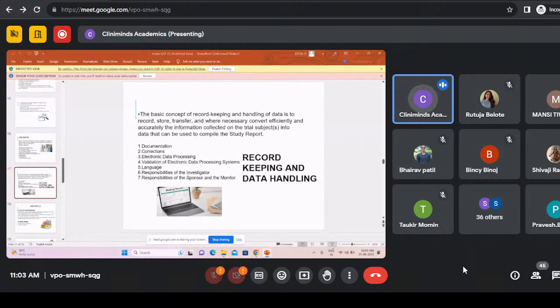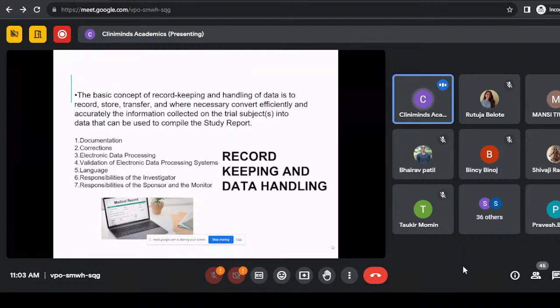Then the next information is about electronic data processing. For electronic data processing, only authorized persons should be allowed to enter or modify any data in the computer system.